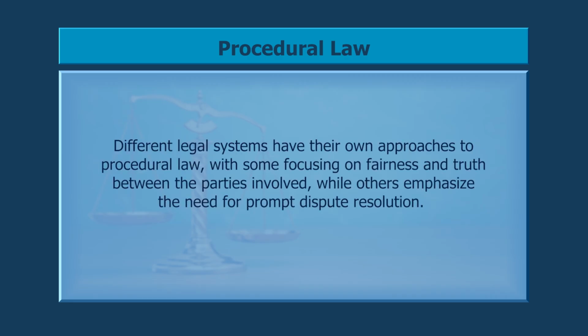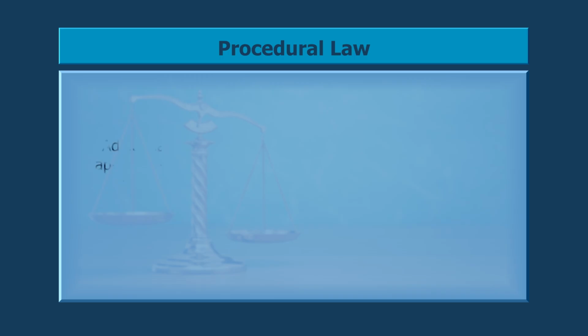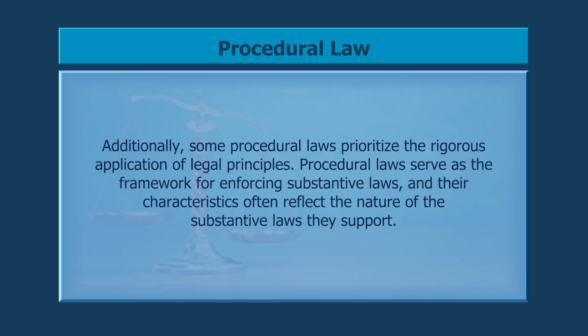Different legal systems have their own approaches to procedural laws, with some focusing on fairness and truth between the parties involved, while others emphasize the need for prompt dispute resolution. Additionally, some procedural laws prioritize the rigorous application of legal principles.